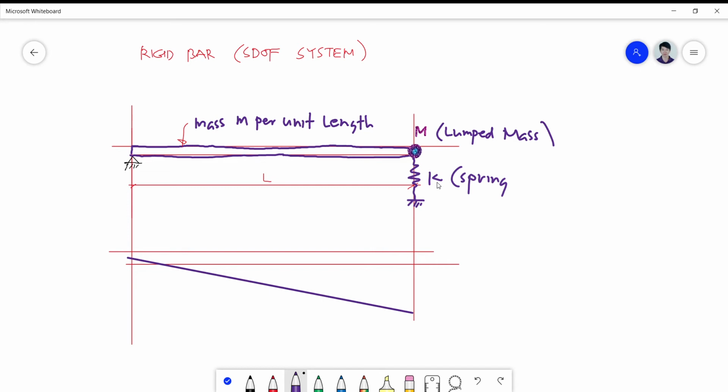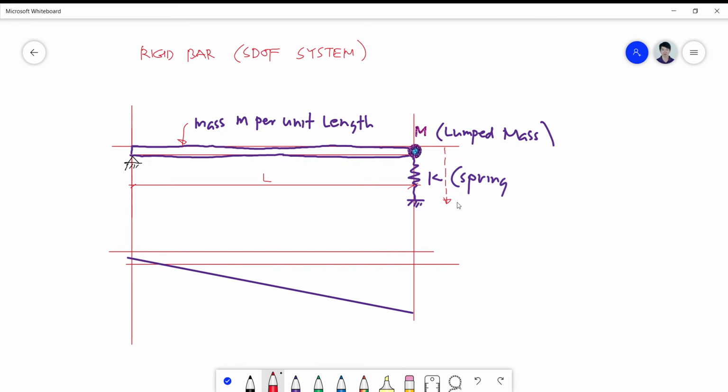So I would just like to solve this simple problem using two methods, and the first one is the equilibrium method. Okay, so the first thing you have to do is to take note of the coordinate of motion. For this particular problem, the coordinate is vertically directed.